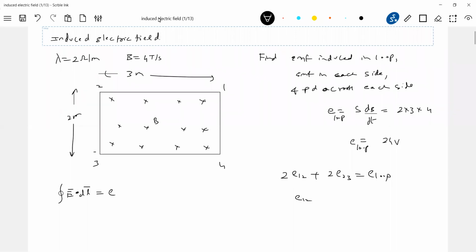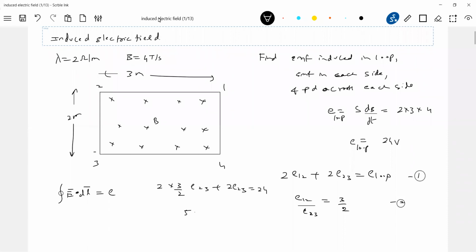So E12 by E23 should be equal to 3 by 2. We know the total EMF is 24 volt. So solving this, we'll get the EMF induced in each side. Substituting E12 here, 2 times 3 by 2 E23 plus 2E23 should be equal to 24.